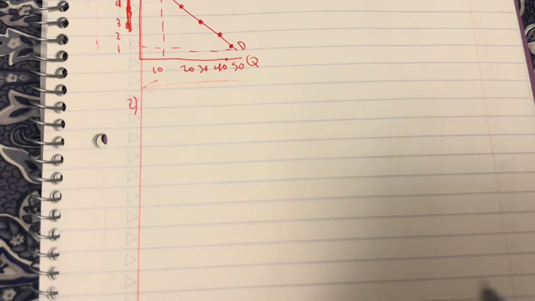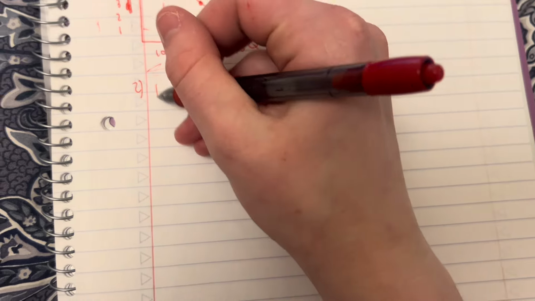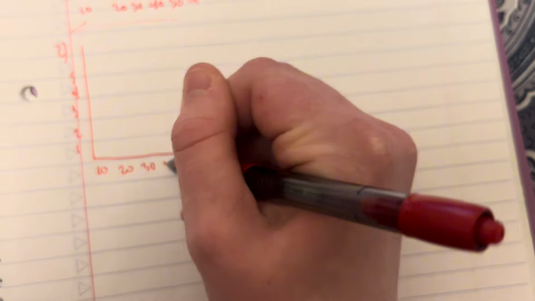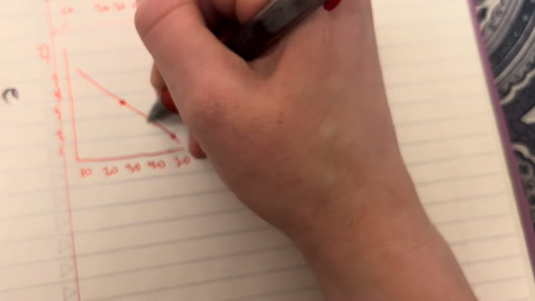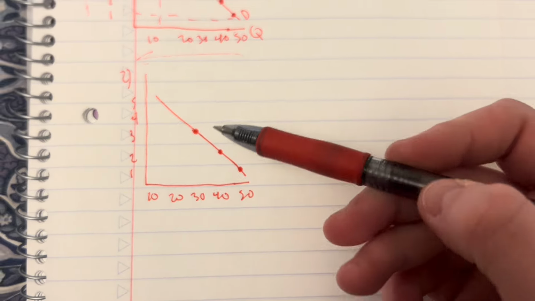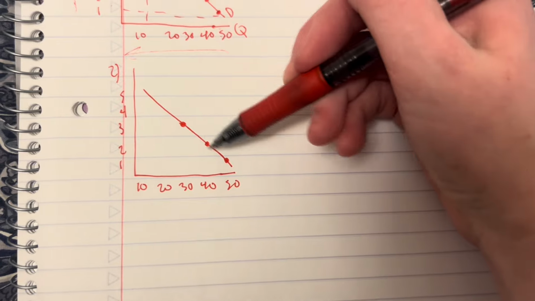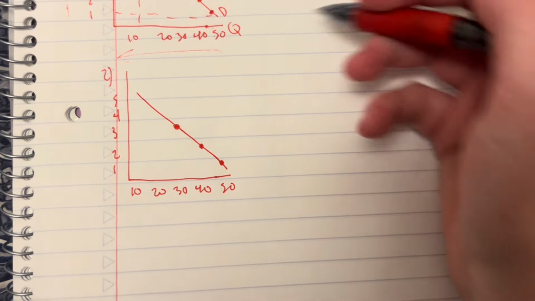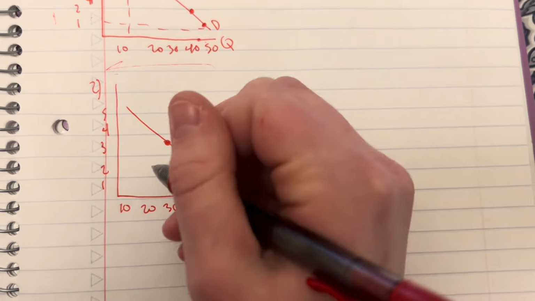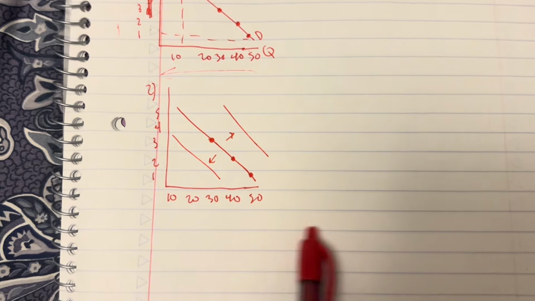The second question is asking what the difference between moving along the curve and a shift in demand is. So again, if we just draw a graph, a movement along the demand curve only occurs due to a change in the price of the product itself, represented in a change in the quantity demanded, while a shift in the demand curve, going outwards or inwards, is caused by one of the non-price factors, so #ripe.